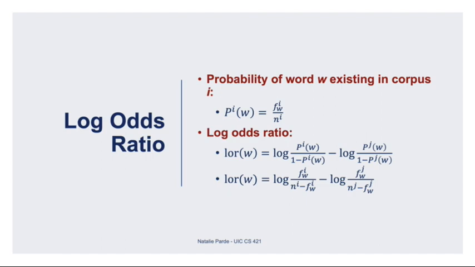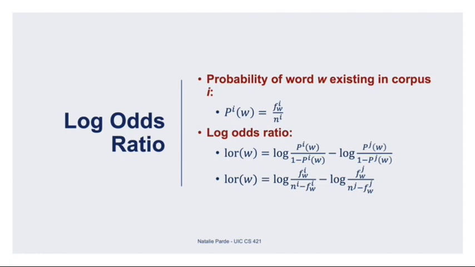The standard log odds ratio is computed as shown here, where we represent the count of word W in the corpus I as F with a subscript of W and a superscript of I, and the total number of words in corpus I as n superscript I. P superscript I of W is thus the probability of a word W existing in the corpus, given those values.